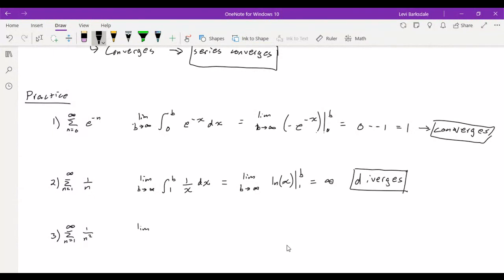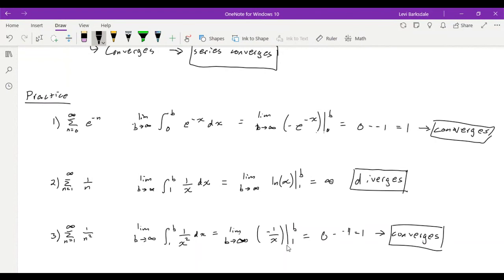And finally, for our last one, we have the limit as b goes to infinity, integral from 1 to b of 1 over x squared dx, which is the limit as b approaches infinity of minus 1 over x from 1 to b, which is 0 minus negative 1, which is 1, and that tells us that our series will converge.